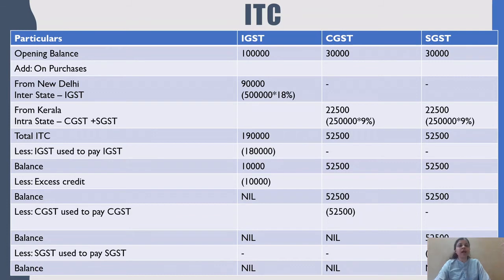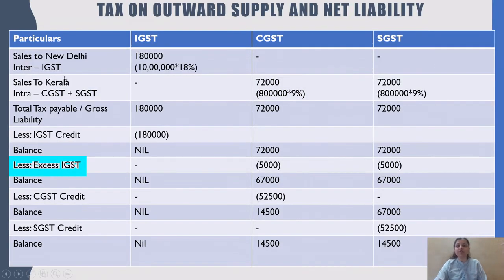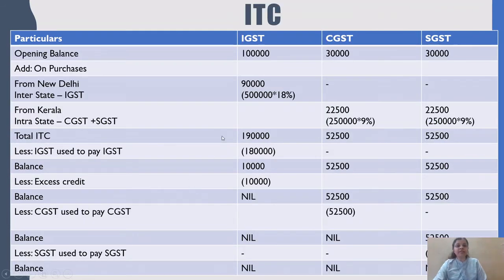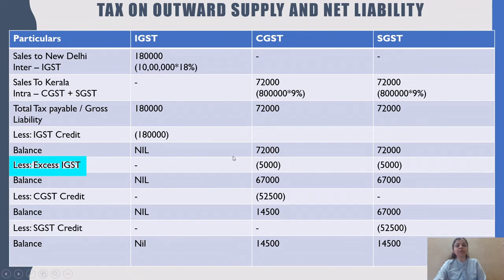So first, this IGST credit can be used to pay off the liability under the same head, that is under IGST. Now, as we have calculated, under IGST the tax which is liable to be paid is rupees 1,80,000. So the credit of rupees 1,90,000 which is available with us can be utilized to pay off this tax liability.